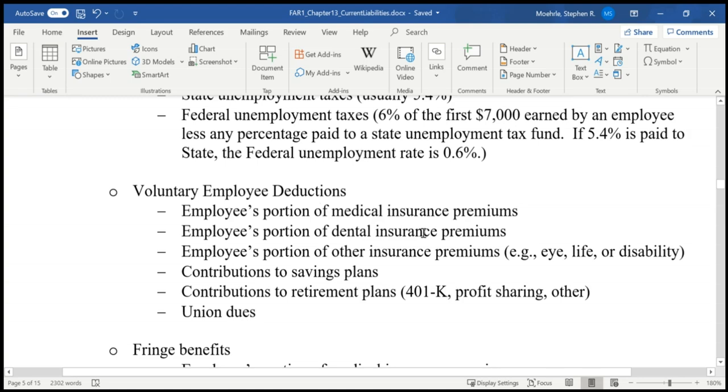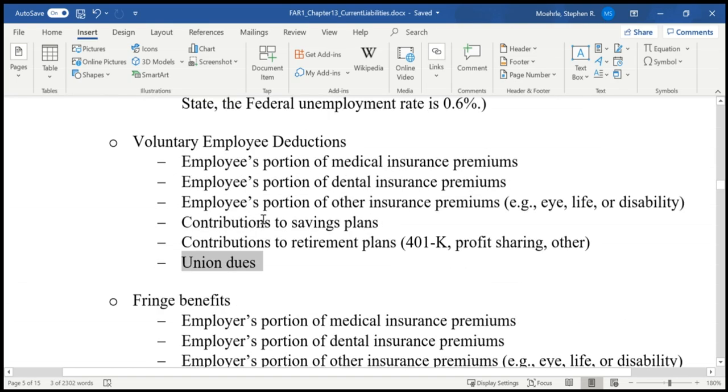Your portion of the dental insurance premium, the company withholds it from your check and pays it to that insurance provider and pays their portion as well. The employee's portion of any insurance premium, such as eye care, life insurance, disability, any contributions to savings plans the employee makes, any contributions to retirement plans the employee makes, and union dues. Okay, we'll see an example of this upcoming. We'll see a case with that.